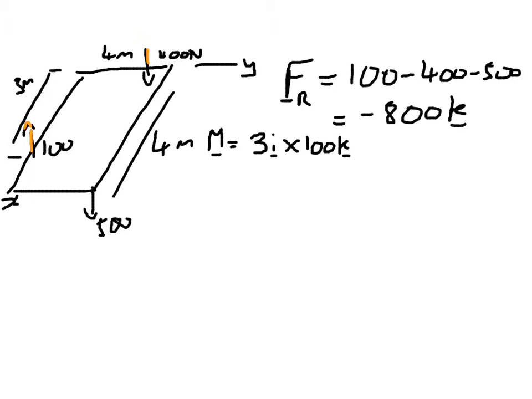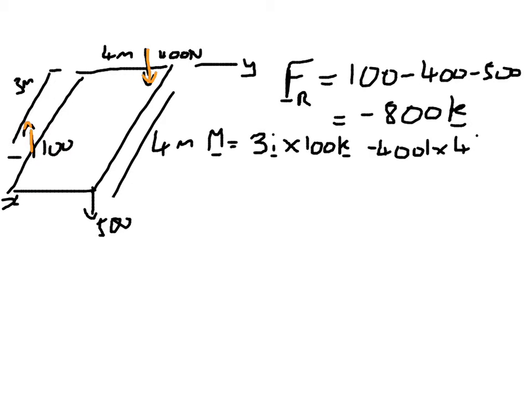Our 400 Newton force is going to be minus 400 because it's going downwards, and it's going to be times by 4. And that for us, I've missed some.